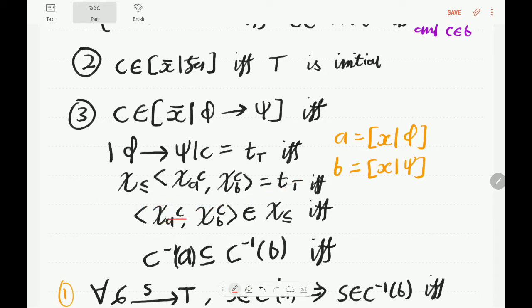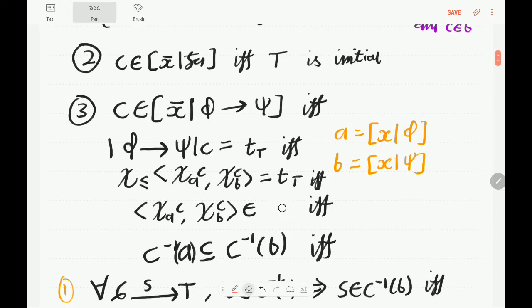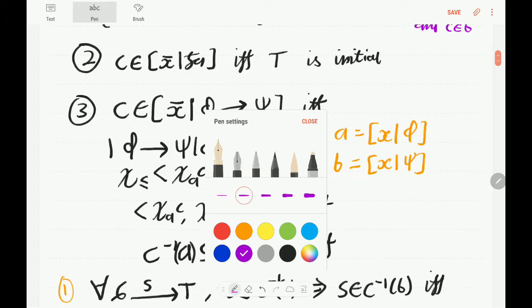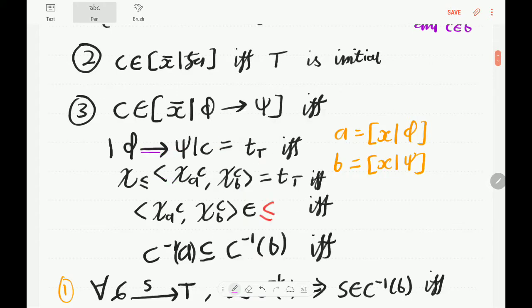If and only if chi A of C, comma, chi B of C is in less than or equal to, because this all comes about because the arrow here, the implies, is really just a classifying arrow of less than or equal to, and it should be lifted outside. So when we interpret this, we get this.